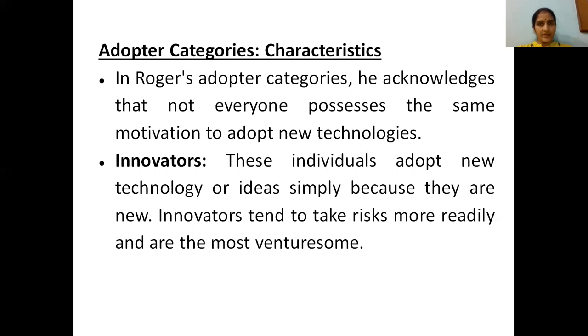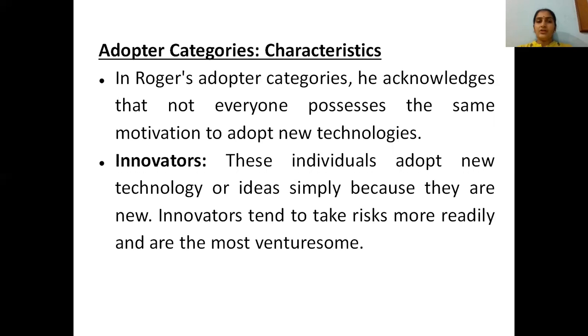He has clearly acknowledged that every individual does not possess the same kind of motivation, the same kind of excitement to adopt any new technologies, innovation, or product launched in the market. Everyone will not be as excited as others might be.